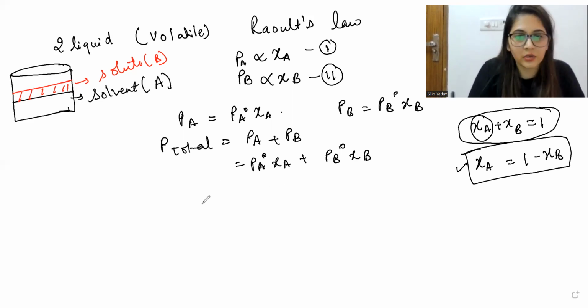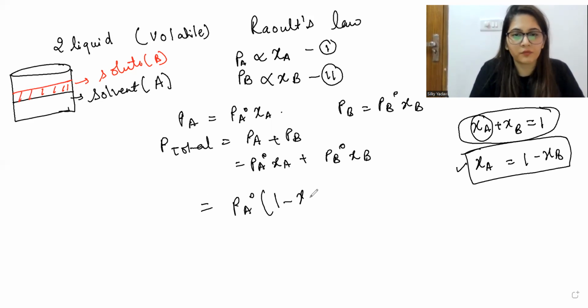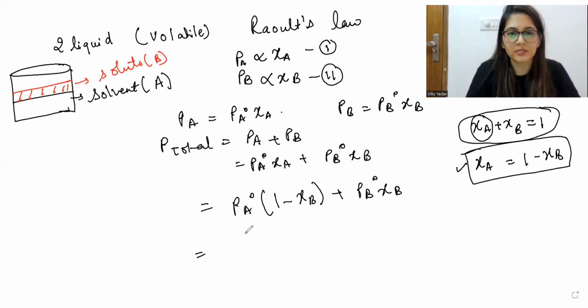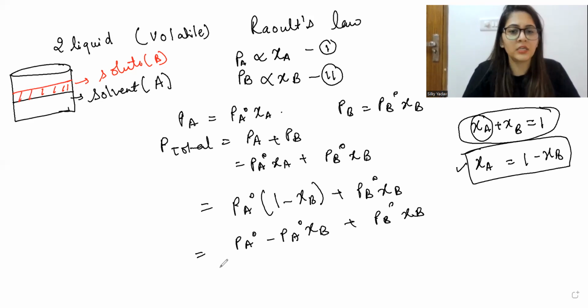So just put the values. You'll get PA naught times 1 minus XB, plus PB naught XB, right? And just multiply this value inside, you'll get PA naught minus PA naught XB plus PB naught XB, right?